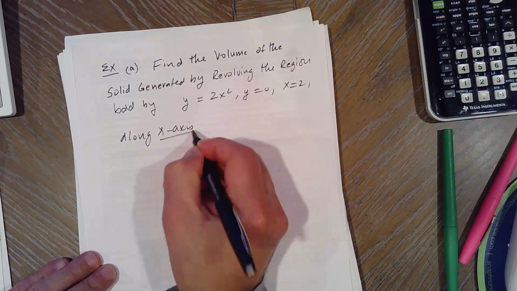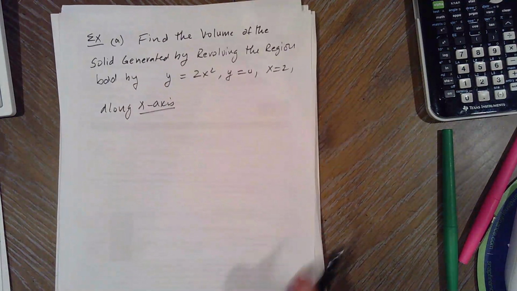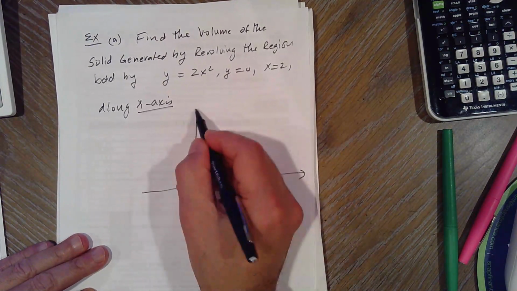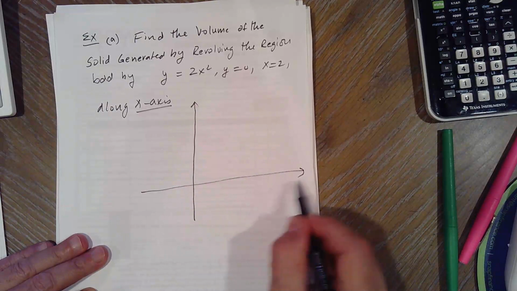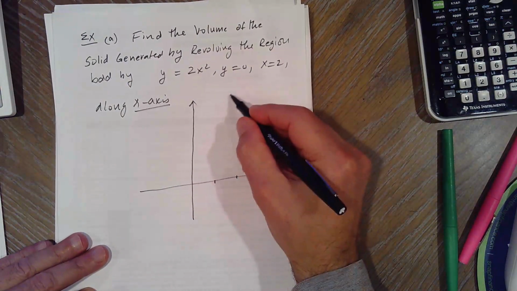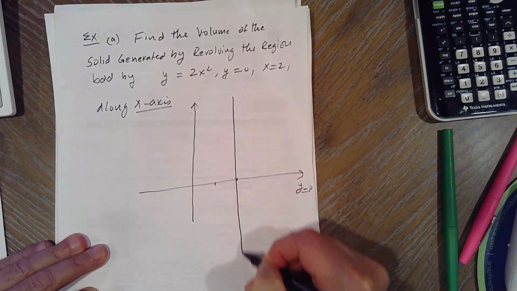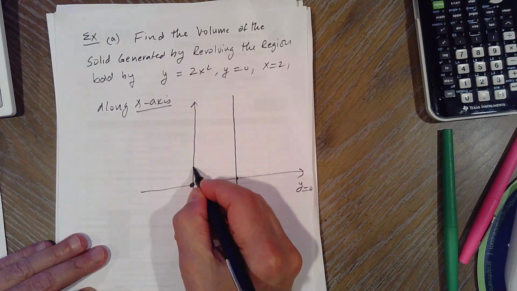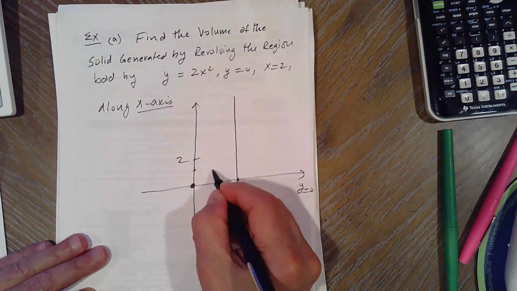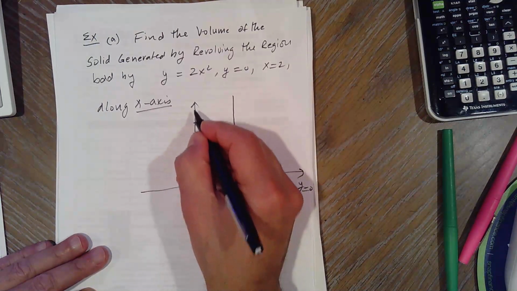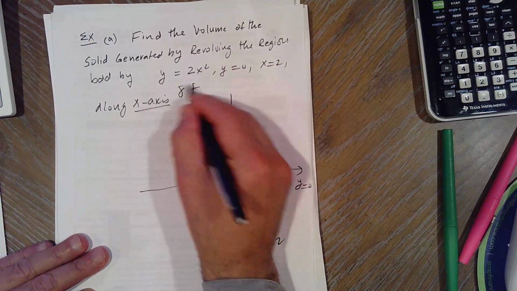So that's part A. So y equals 0, this is x equals 2, and y equals 2x squared: 0, 0, 1, 2, and then 2, that's 8.